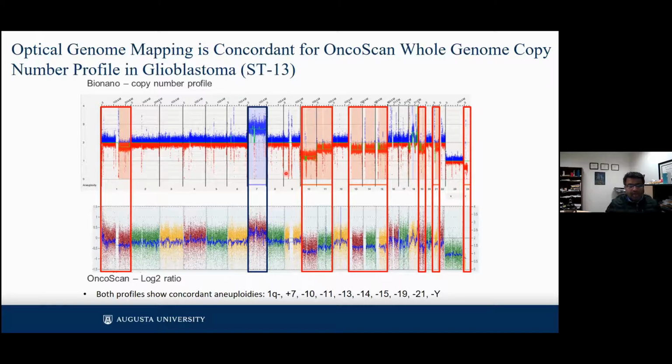The next case is again an adult brain tumor, a female, 43 years old, which shows the concordance between Oncoscan and optical genome mapping. The slide shows the CNV profile. The top panel is the OGM data, and the bottom is the SNP microarray, and both profiles show concordant aneuploidies: 1q deletion, 7, 10, 11, 13, 14, 15, 19, 21, and Y chromosome abnormalities.